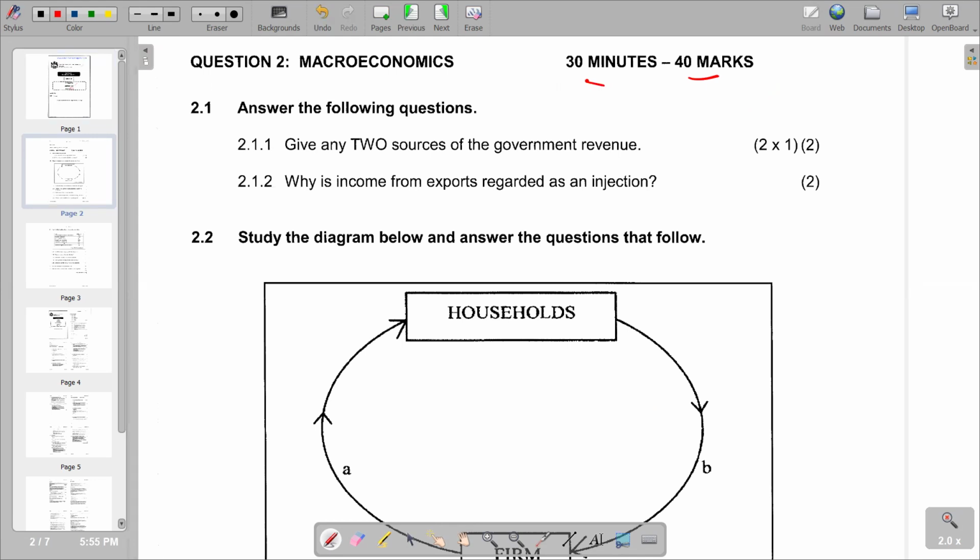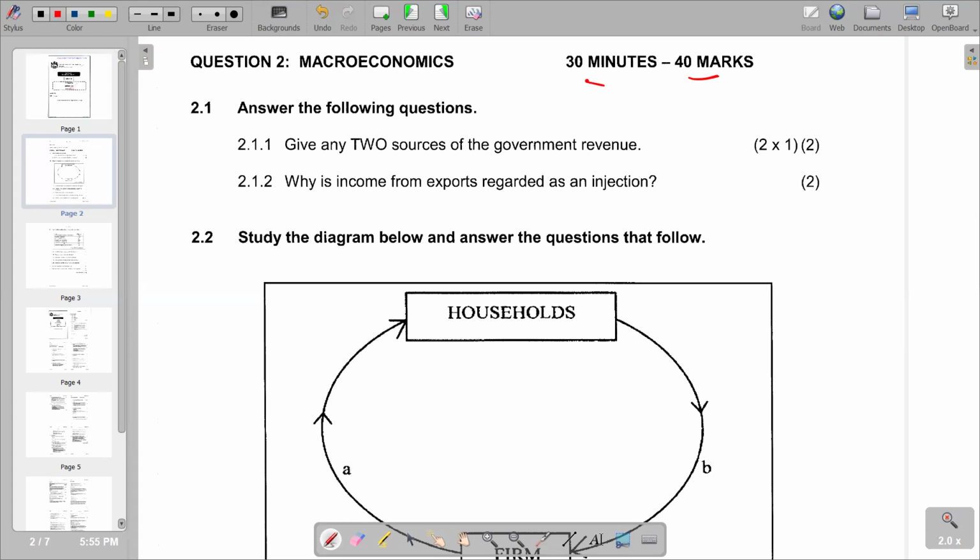So we know that government collects revenue, and obviously this is mainly from taxation. So we are just going to list different examples of taxation that are going to constitute our sources of government revenue. We are going to include personal income tax.